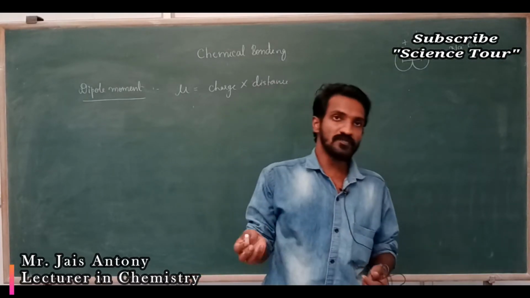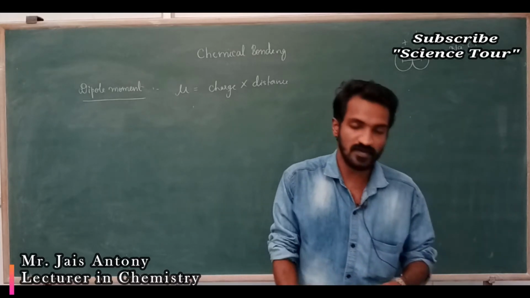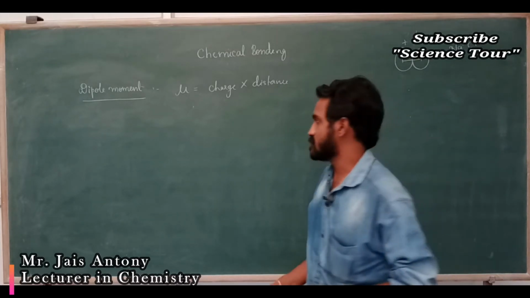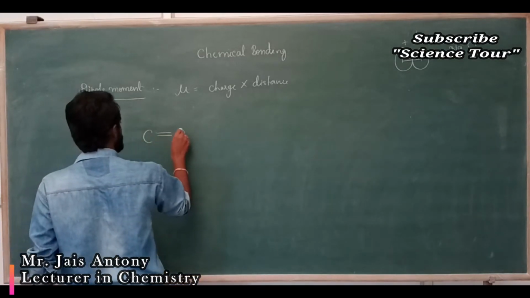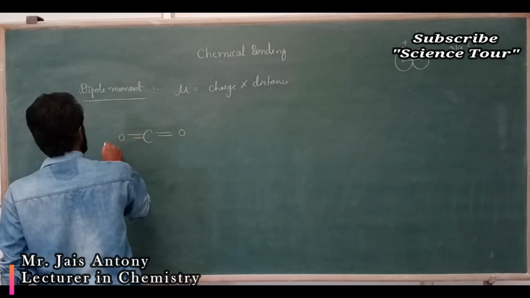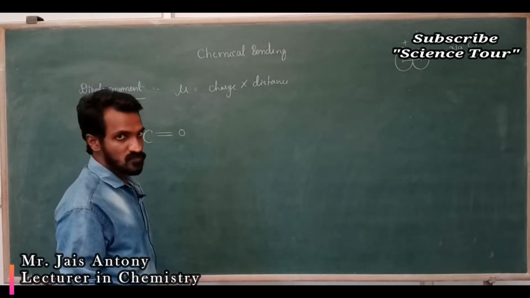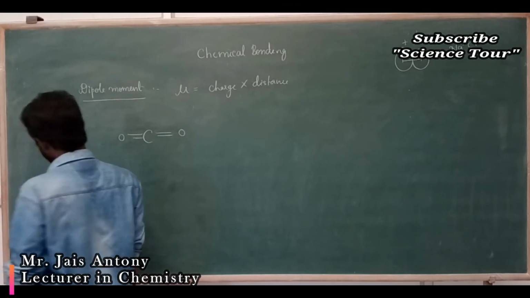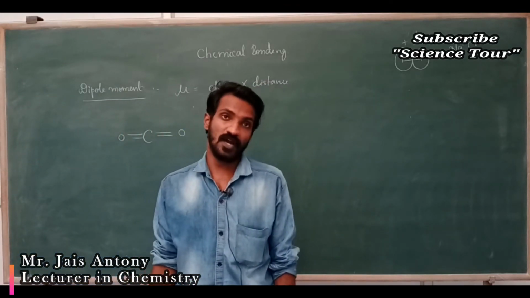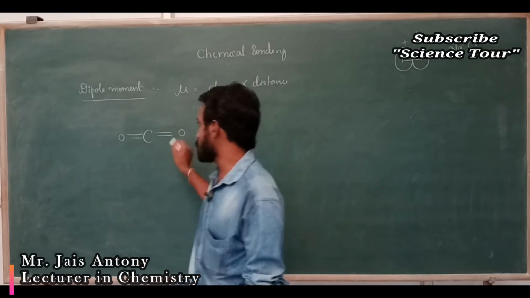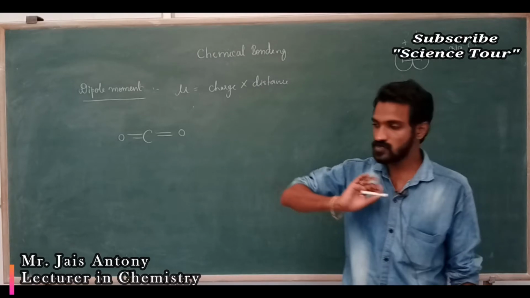Okay, we studied dipole moment, and we will give one example related to this. For example, carbon dioxide. In carbon dioxide, my dear students, oxygen is more electronegative and carbon is less electronegative. So what happens? The polarity of the bonded electrons is towards oxygen.